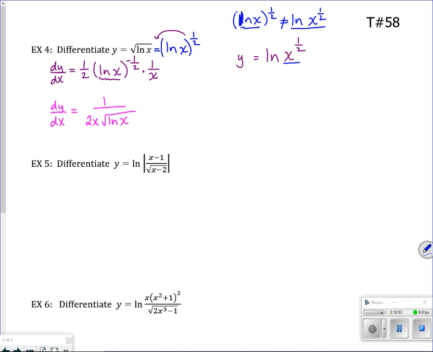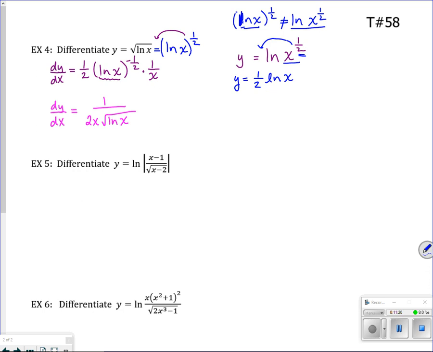Do you remember log properties? There were 3 log properties that we discussed at the beginning of the year, and you did all last year in pre-cal. One of them was if I have a power like this on the argument, do you remember how I can move that to the front? So I could rewrite this guy as 1/2 natural log of x.